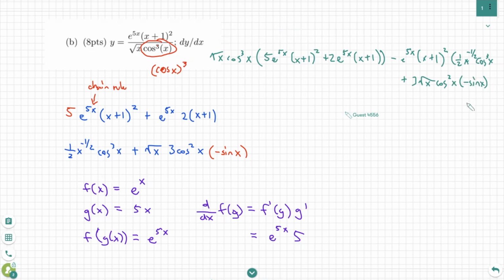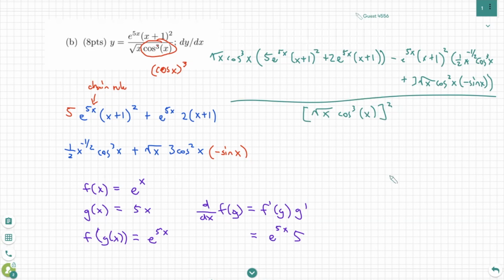And then minus all of that over the square root of x times cosine cubed x, squared. Would this be good enough then? Yeah, that would be. He says that once we get to the derivative, simplifying it just leads to more mistakes, so this would be completely fine.